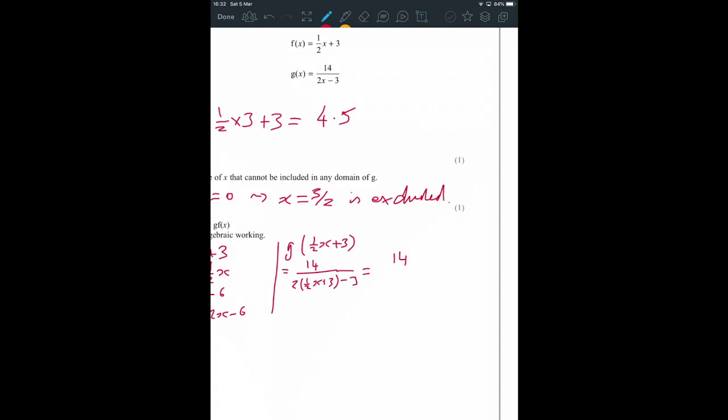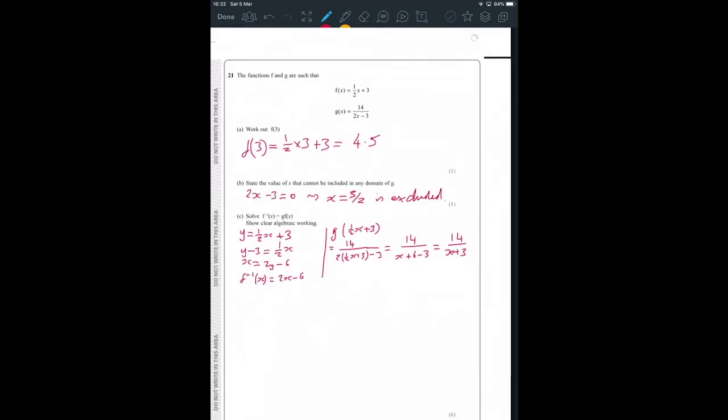Expanding out the denominator, we have x plus 6 minus 3. Cleaning up the denominator, x plus 3. So now I have my f inverse and I have my GF. We want to solve when these two things are equal. So that's when 2x minus 6 equals 14 over x plus 3.